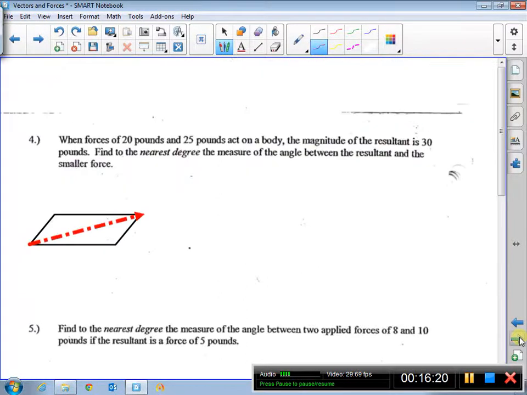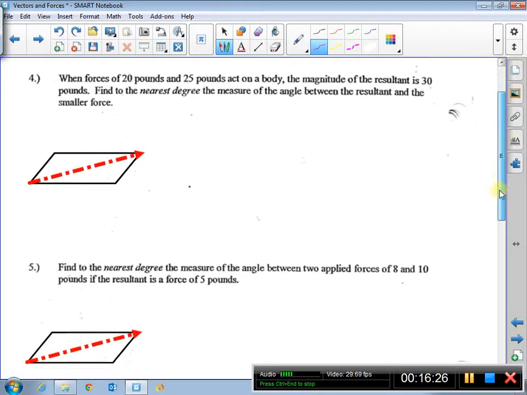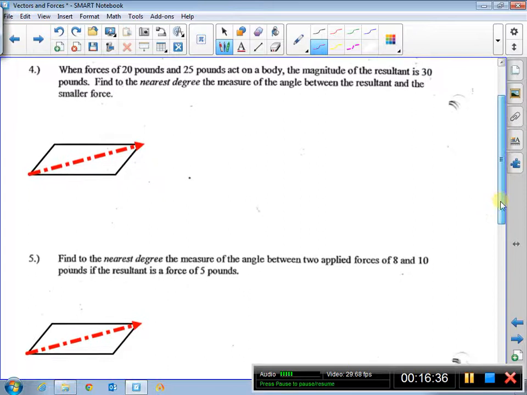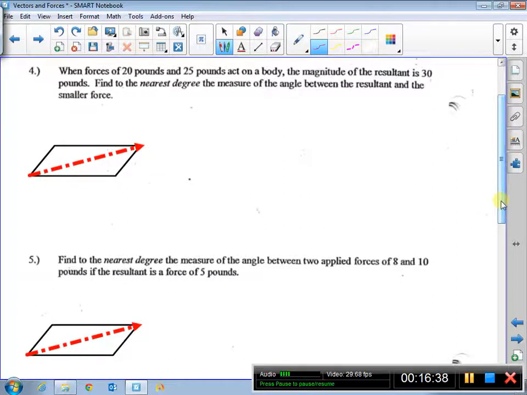Let's see what else we have. 3 more problems, and then a nice worksheet full of more practice. So let me take a look here. Let's do this first one and set up the next 2, and you can finish them. So draw your parallelogram.